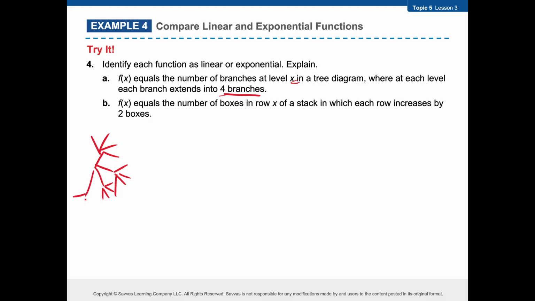So it's like you're multiplying by 4 each time. So letter A would be exponential. It's increasing by a constant ratio of 4.